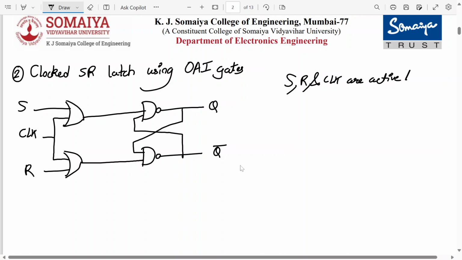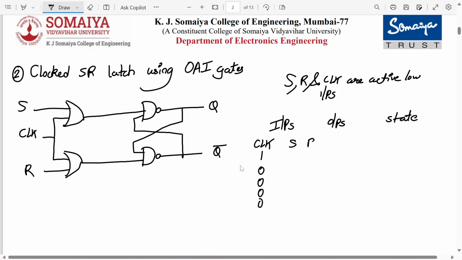What do you mean by active low? Means they are active when it is 0. Are you understanding? So here if I draw the truth table, inputs, outputs and the state, help me out in this. Clock has to be 0 or 1. Absolutely correct.